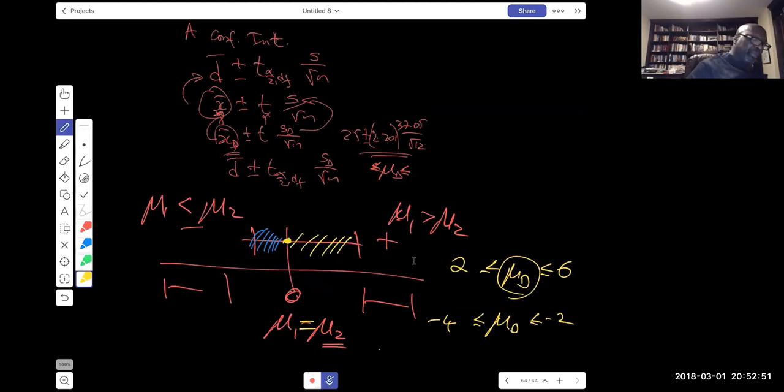But then if I have between -4 and 6, then the 0 is in the interval. So it's possible that mu1 could be equal to mu2. And since it's possible for them to be the same, I cannot prove that they're different because it's possible for them to be the same. And that's the interpretation of that.